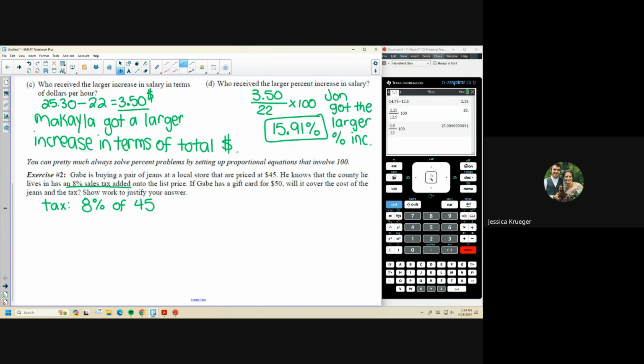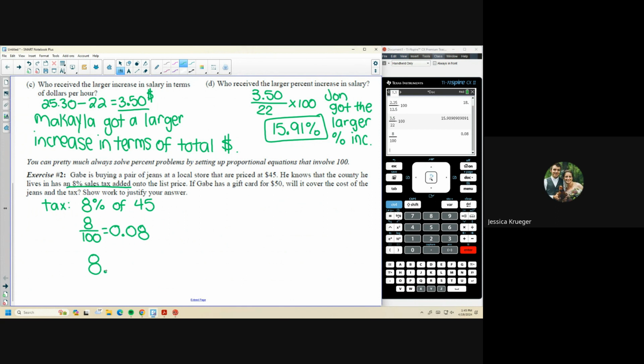Hopefully you remember that 8% is 8 over 100. And if I divide 8 by 100 in my calculator, I get that 8 over 100 is 0.08. You might even remember a little trick.